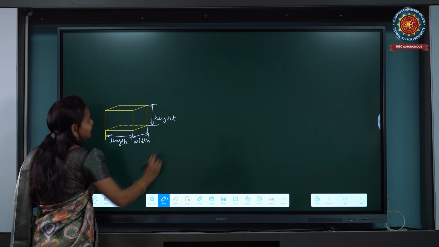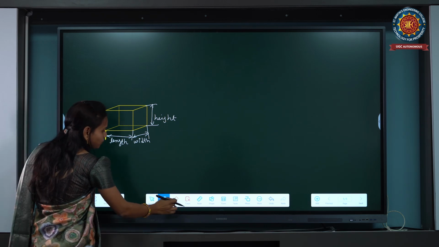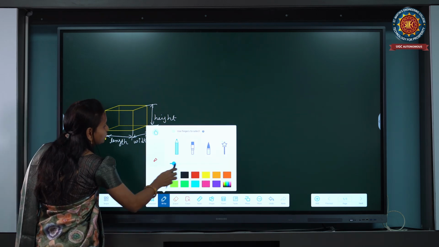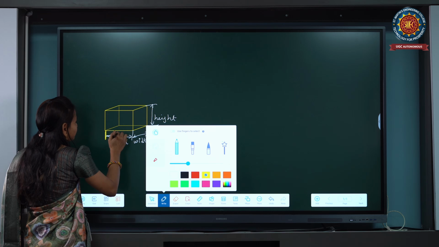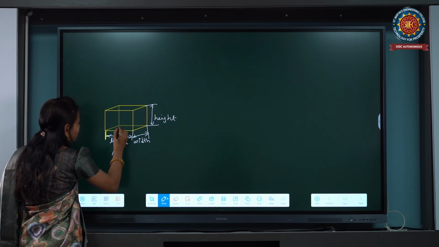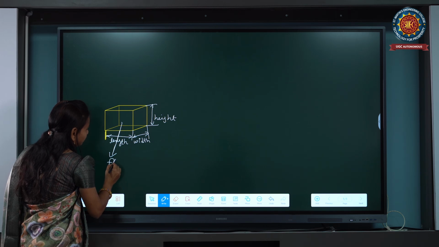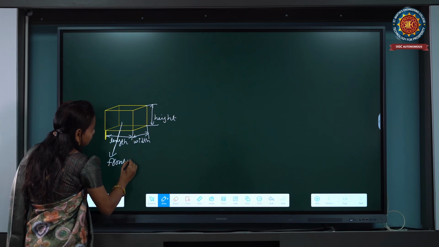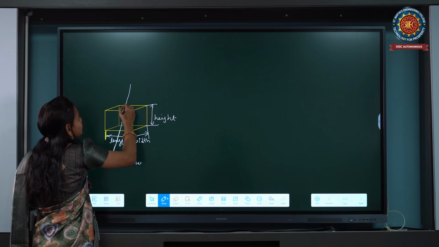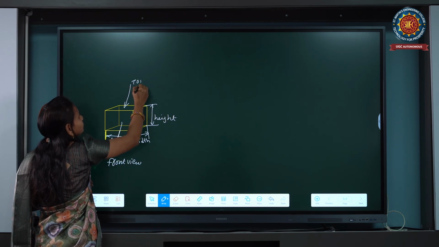So this solid has two views. The first one is the front view, and this is the top view.